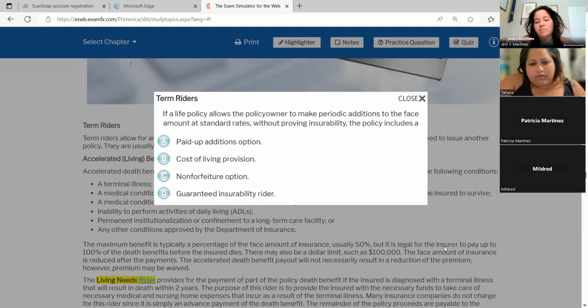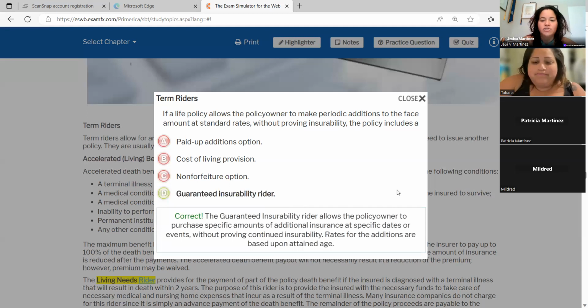Ellie says it's guaranteed insurability rider. Okay, we'll go with her because I really don't know this one. You're making periodic additions to the face amount, meaning you're increasing it, right? Without proven insurability. So then it will be the guaranteed insurability.